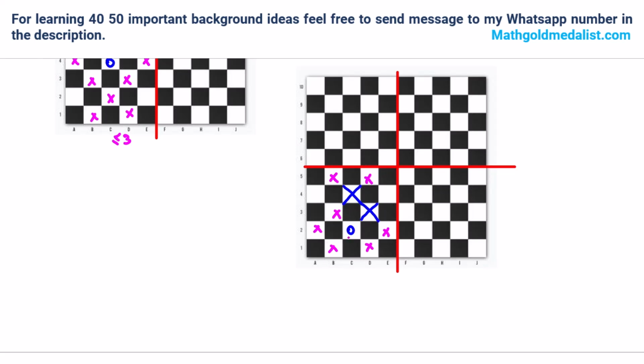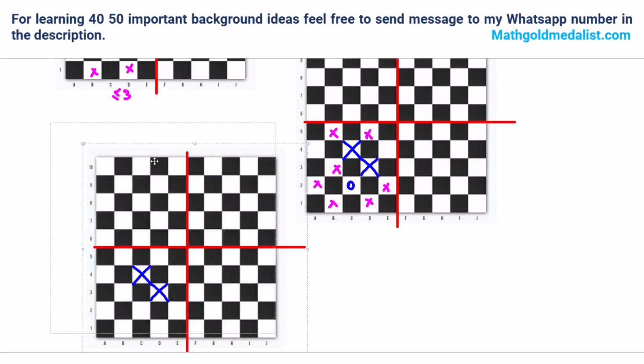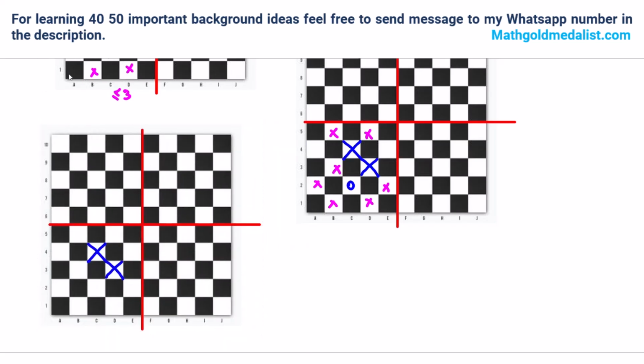Again, if we have a knight here, it will be at most 3. So again, we can ignore that. And we can remove this one, and similarly this one, right? Now let me copy this.